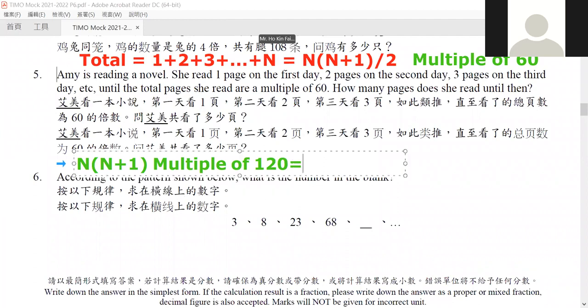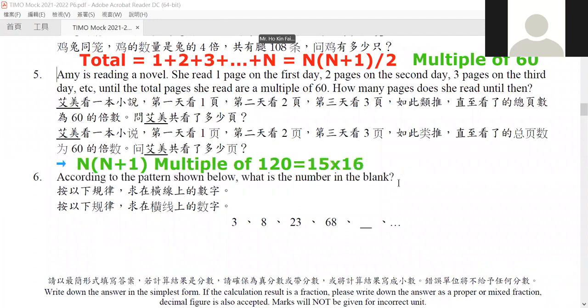But 120 is equal to 15 times 16. So of course, in that case, n can be equal to 15. So by this, the total number will be 1 add until 16, so it will be equal to 16, and hence this is our answer.